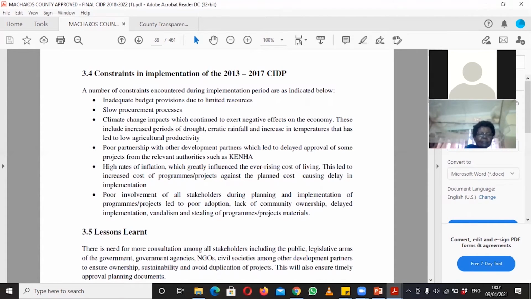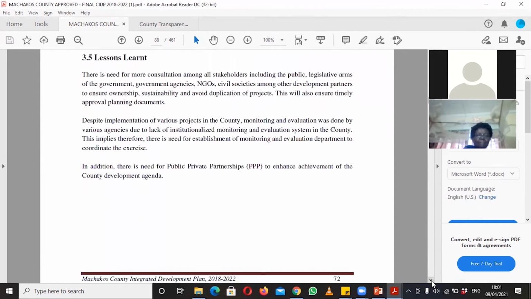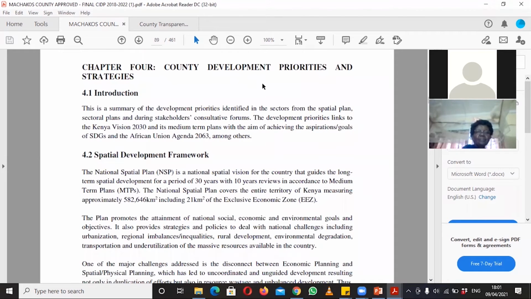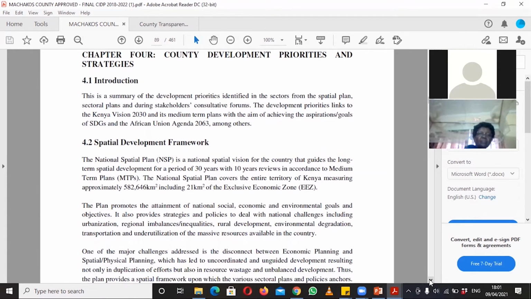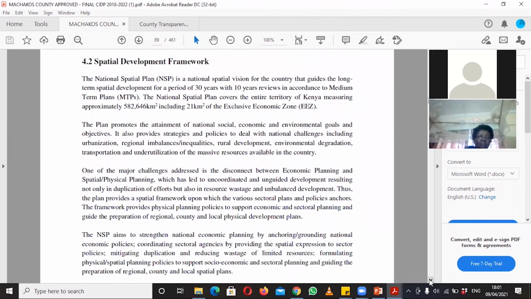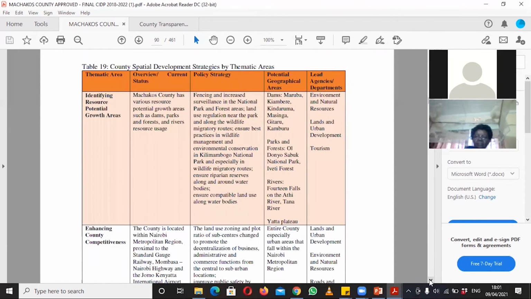Okay. Yes. All right. So they also stated the lessons that they learned out of it. Like right now, you find county development priorities and strategy. So this is just an overview of the CIDP. So they look at the framework, the county spatial development framework.